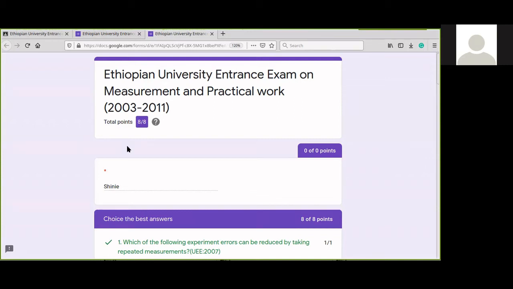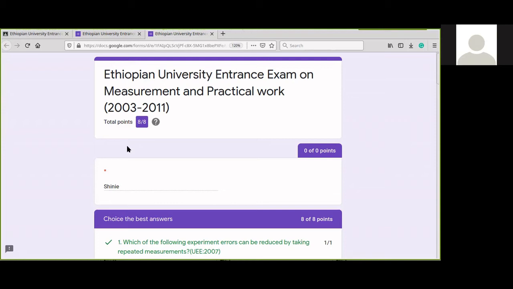For example, given the uncertainty in measuring the mass of the object is 1%, the uncertainty in velocity is 2%. What is the uncertainty in kinetic energy? The kinetic energy of the object is given by half m v squared, yes?